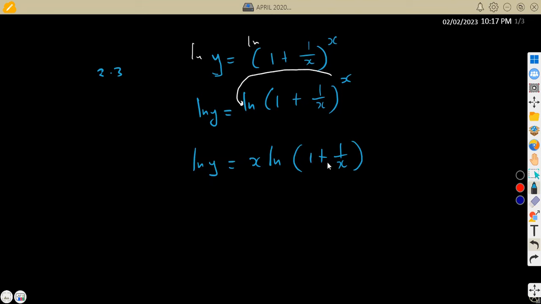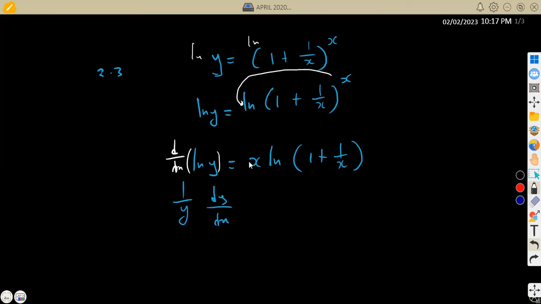On the left-hand side, we've got ln of y. But as we need the derivative with respect to x, we're back to that implicit part whereby we find the derivative with respect to y, of which ln is 1 over y. So it's 1 over y, but you multiply by dy/dx, because you are supposed to find the derivative with respect to x.